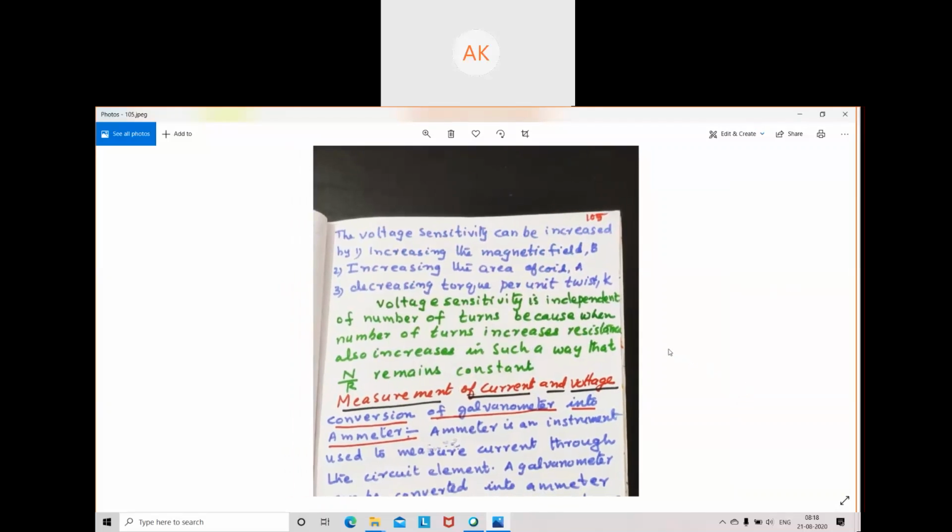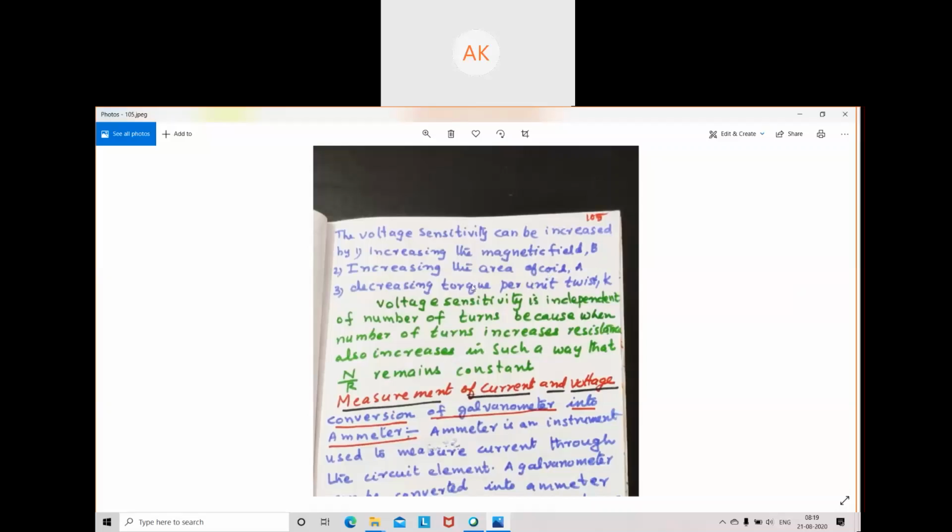Voltage sensitivity can be increased by the same factors. NBA by KR is the formula, so increasing the magnetic field, increasing the area, and decreasing the restoring torque per unit twist, that means decreasing the value of K.